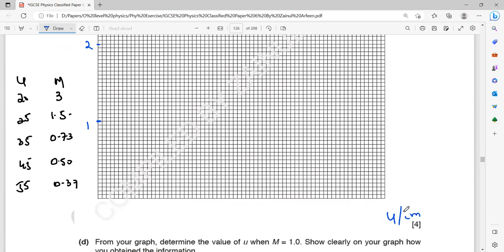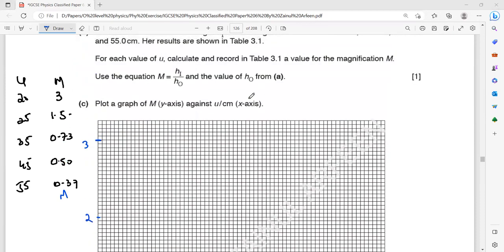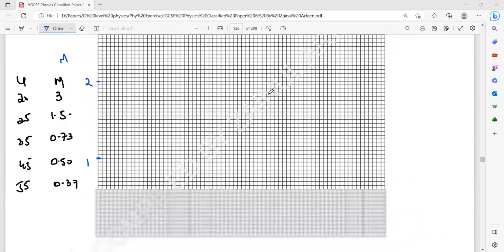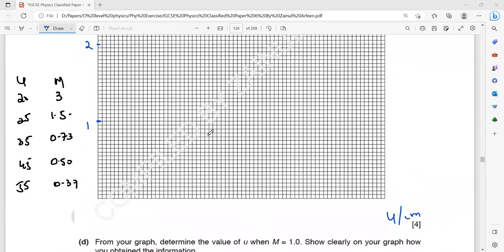And then for u, don't forget to label the axis. Label the quantity which you are plotting on that axis, and the unit of that quantity. Usually it's given like u is there, m does not have any unit, so no unit is given as it is a ratio, and u is on the x-axis. So don't flip the axis.